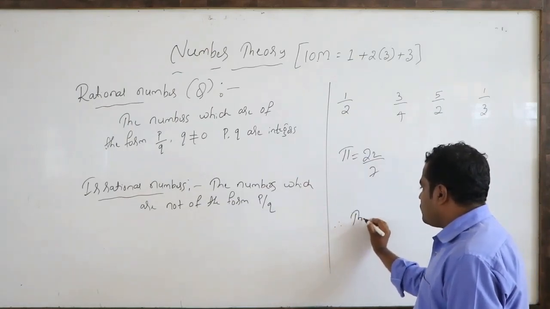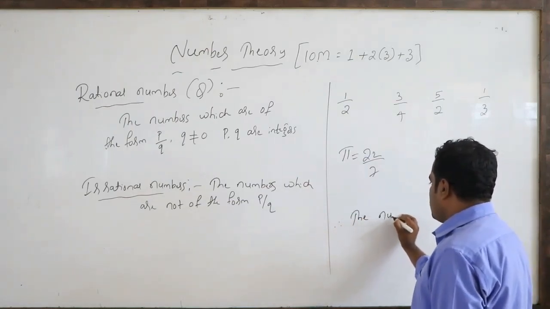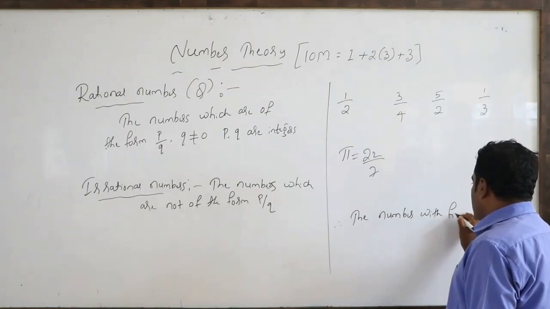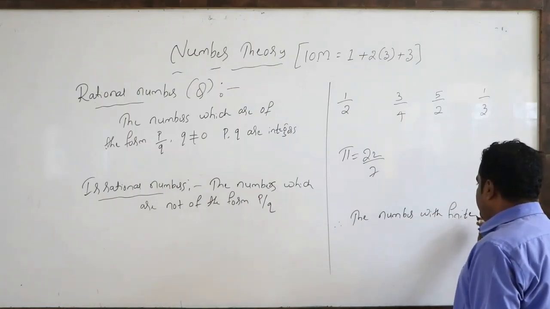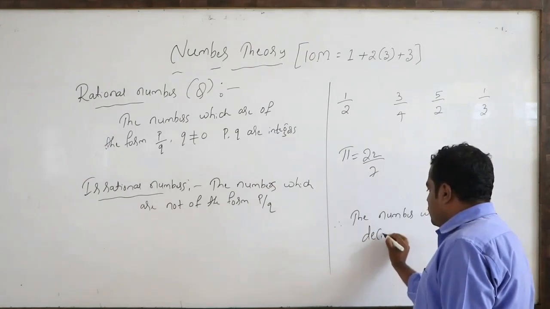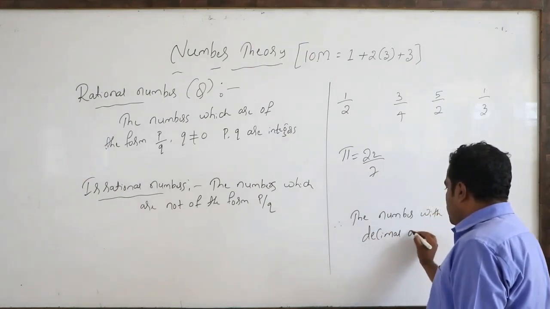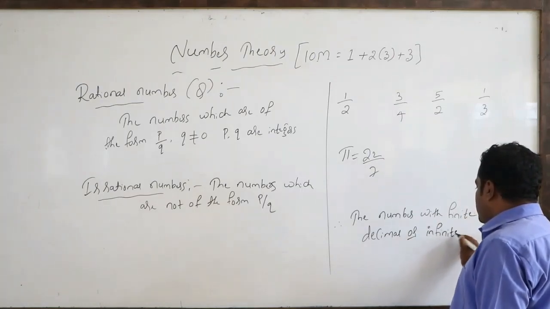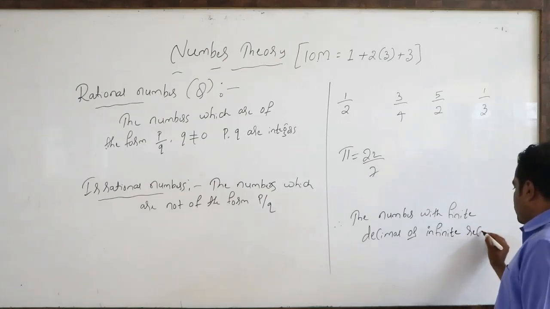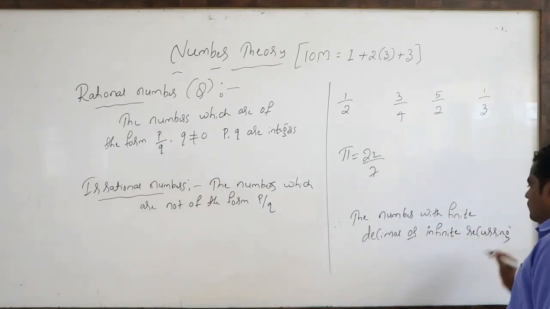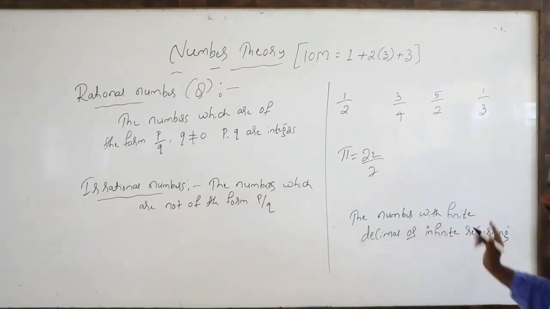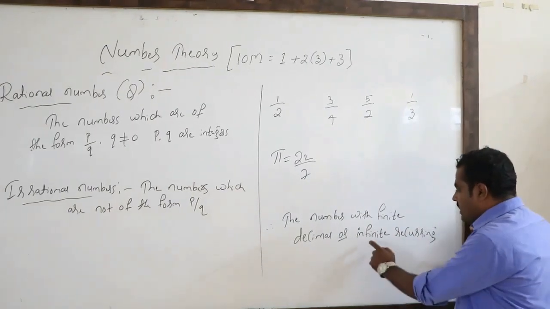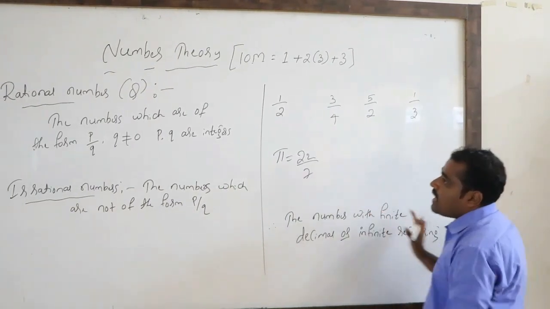The numbers with finite decimal or infinite recurring decimal indicate a rational number.